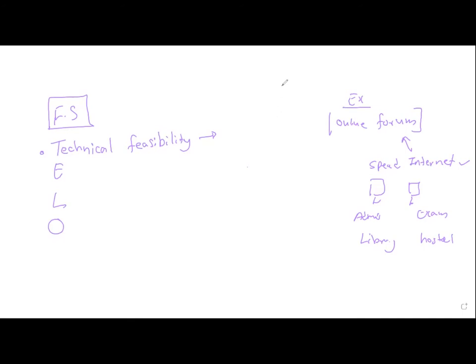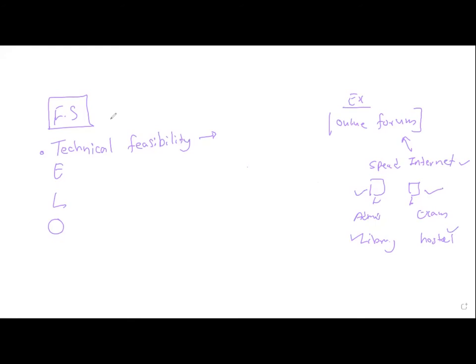That means one for the admin department, another system for the exam department, a separate one for the library, with no connection between them, and separate stand alone applications for the hostel. That's what the technical feasibility does.